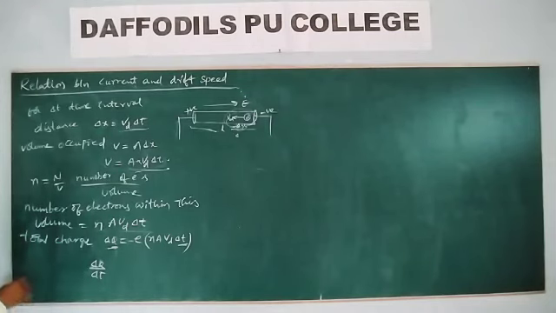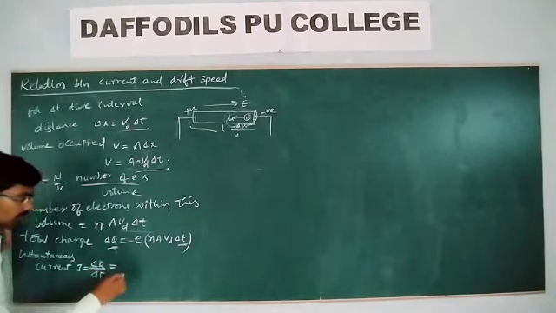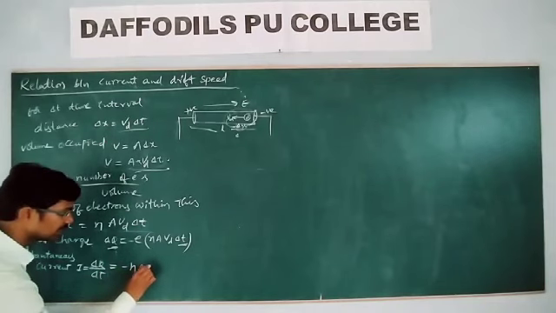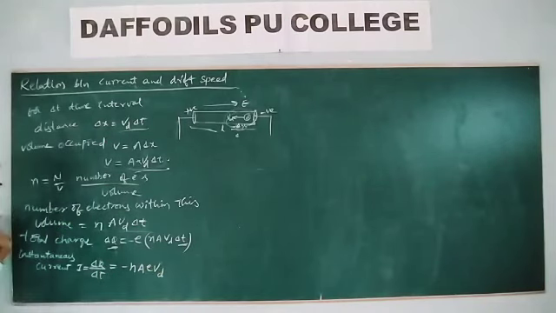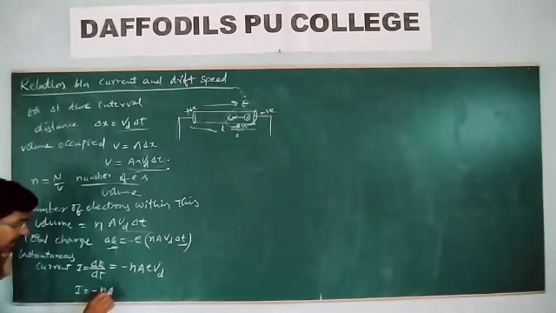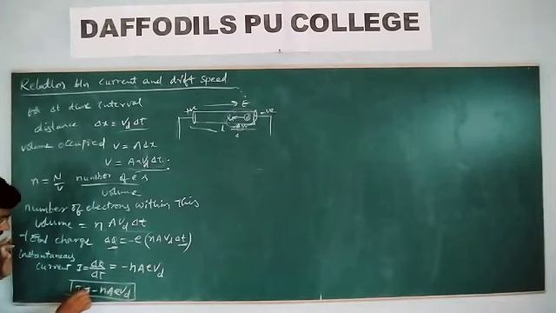So we call it the instantaneous current, dq by dt, which is nothing but I is equal to minus n A e Vd. Here Vd represents the drift speed.